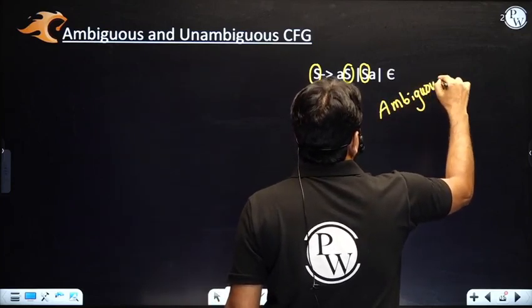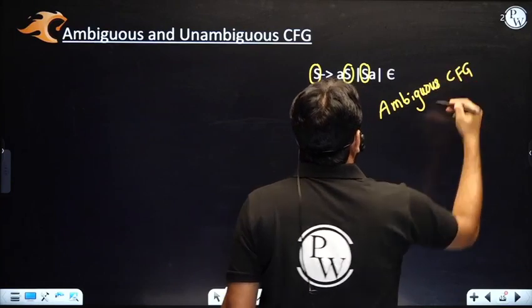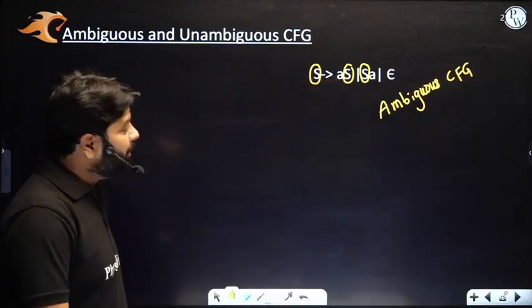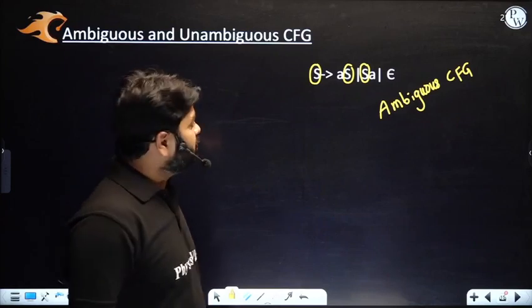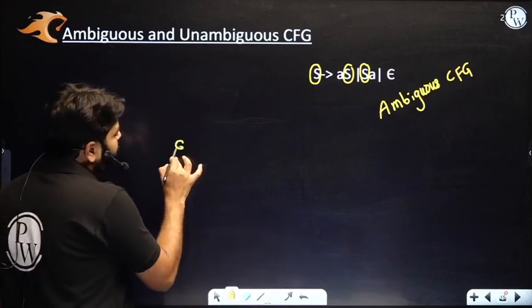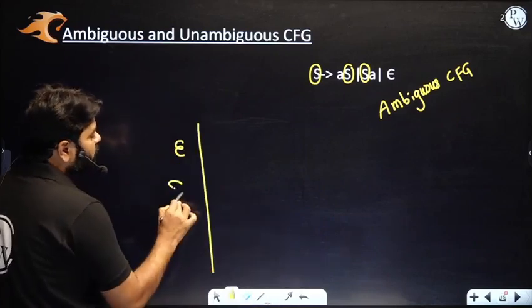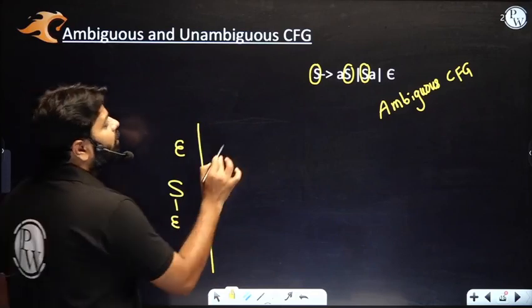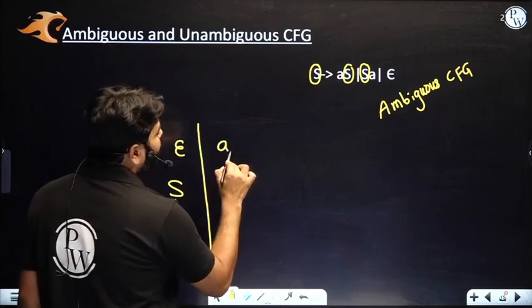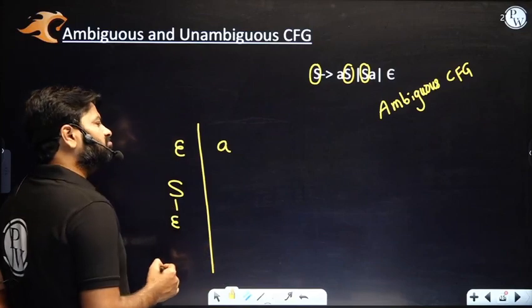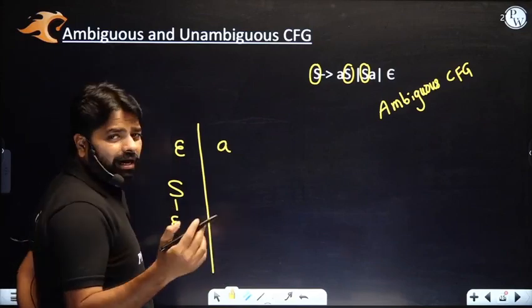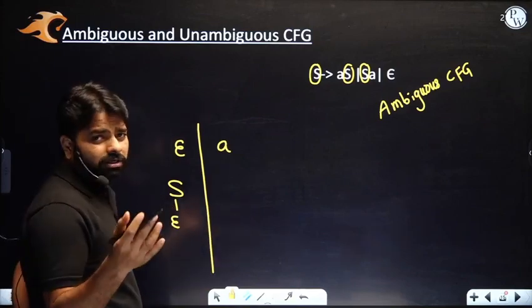If you really wanted to check that, how much time would it take? It's going to take much time. Let me show you how much time it takes. First you try epsilon. How many parse trees? Only one parse tree. Now let's try another one, A. Here you may get the answer quickly, but for some grammars you may not.